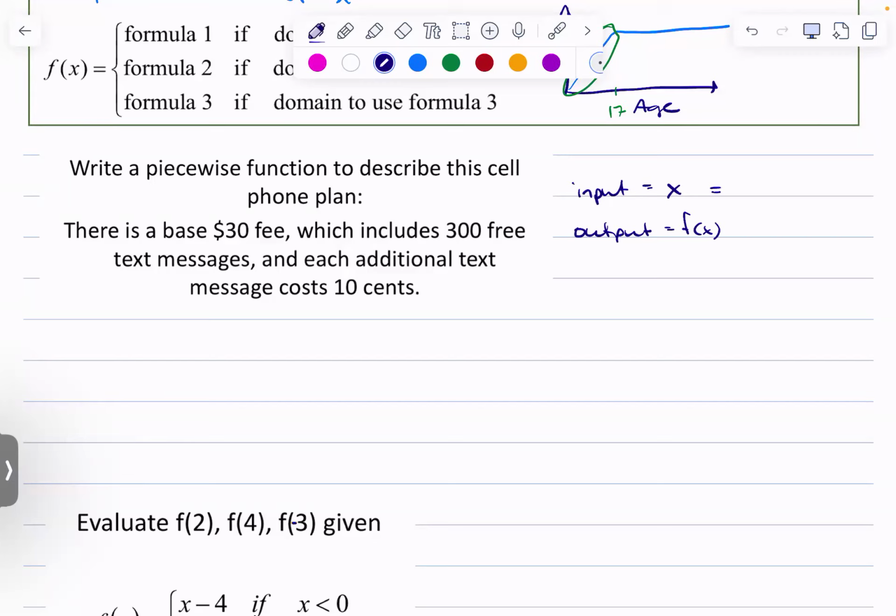But it looks like the cost depends on the number of text messages that I sent. I can link it back to the number of texts. And so x can be the number of texts, and the output is the cost, the total cost.